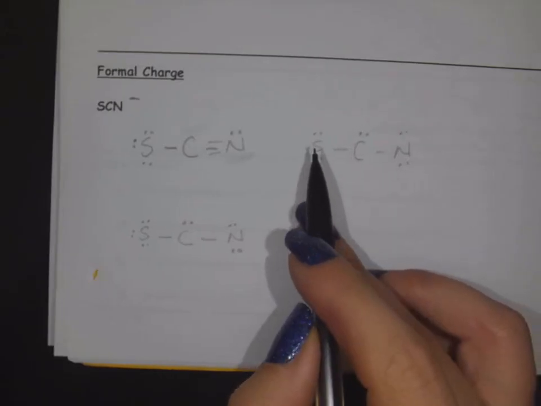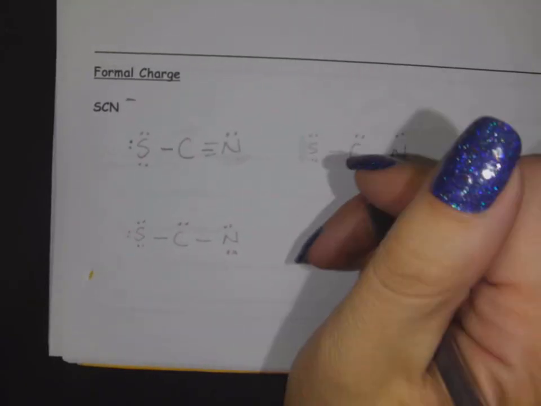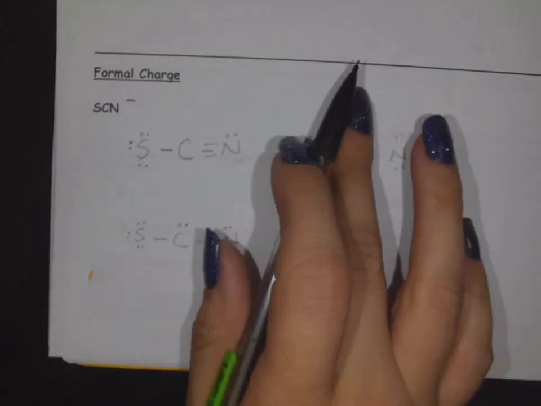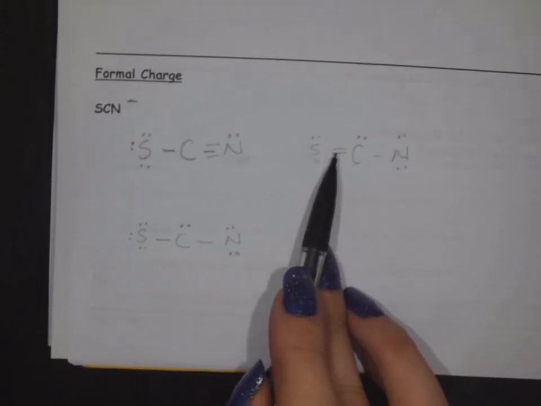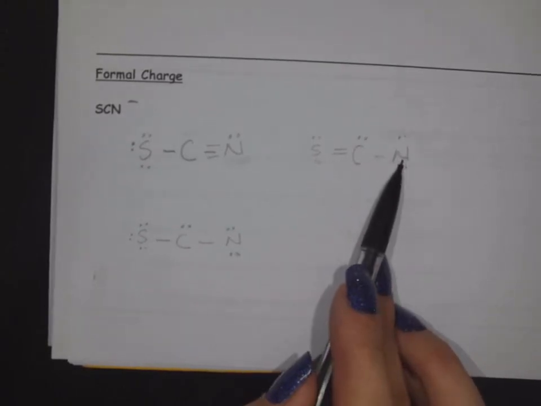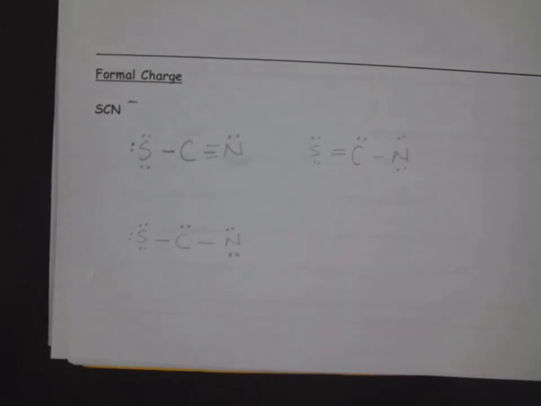And so what if I erase this lone pair and I turn it into a bonding pair? Because now, look at the sulfur, 2, 4, 6, 8. And the carbon, 2, 4, 6, 8. Oh, but the nitrogen, 2, 4, 6. Okay?